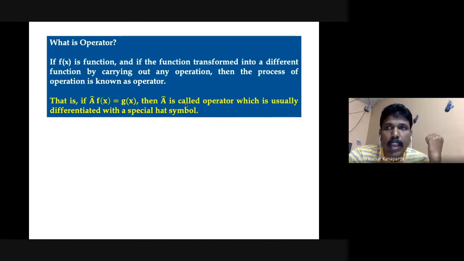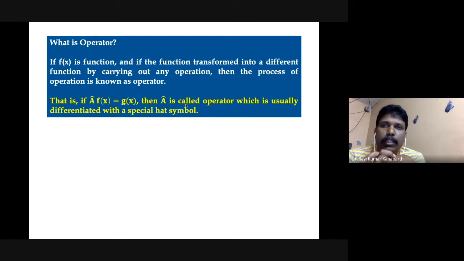To distinguish this operator A from the rest of the normal letters, we normally keep a special hat on top of the operator. Here I used A as a general symbol, but you can use any letter.